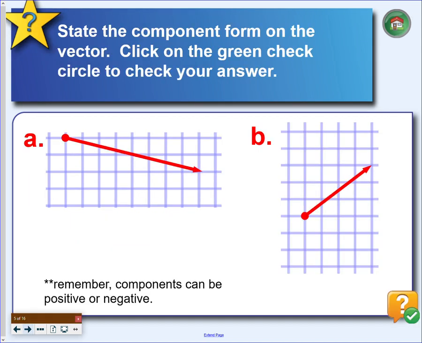So, I'd like you to take just a minute on your own paper. I would like you to make pointy bracket notations for vector A and for vector B. You told me a second ago you had no questions. I'm calling on it. Let's see if you can do it. Jot it down in your notebook somewhere.